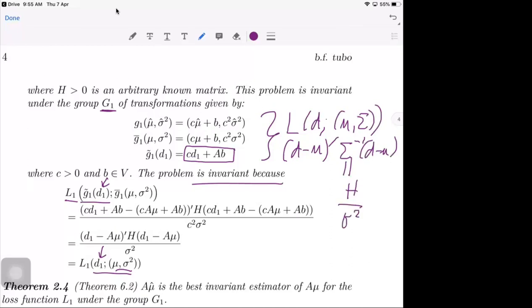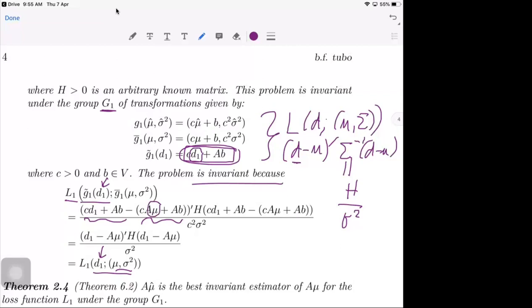Okay? So kung kini ang atong transformation, ang atong D will be C D1 plus AB, then ang atong parameter will be C, man kini atong D1 will be A mu.